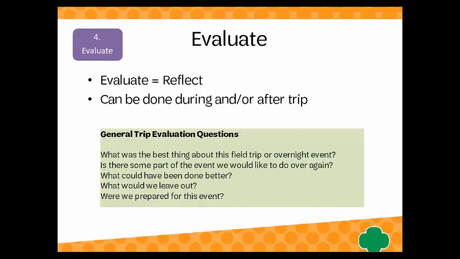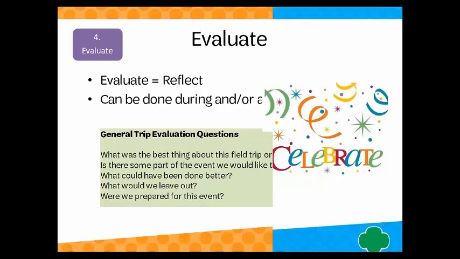Would you do this trip again if you could? And then get them to elaborate on each one of those questions, right? Why? You could do this verbally, or you could also do a more official way of evaluating with surveys that they have to fill out and turn in. I know a lot of older girls that like to do that, so it's up to you as a troop to figure out what works best for you, but that's evaluate.